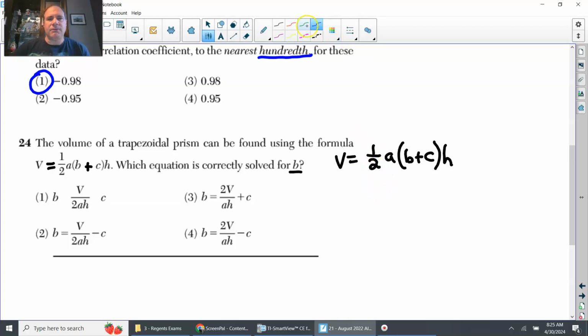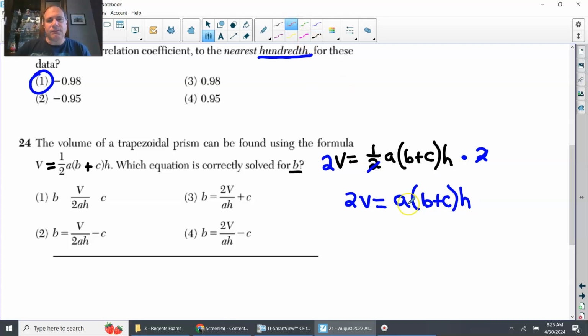And anytime that you have a fraction, you're multiplying by the reciprocal. So the reciprocal of 1 over 2 is 2. So I'm going to put 2v over here. And now these cross cancel. You have 2v equals a times b plus c and then h.